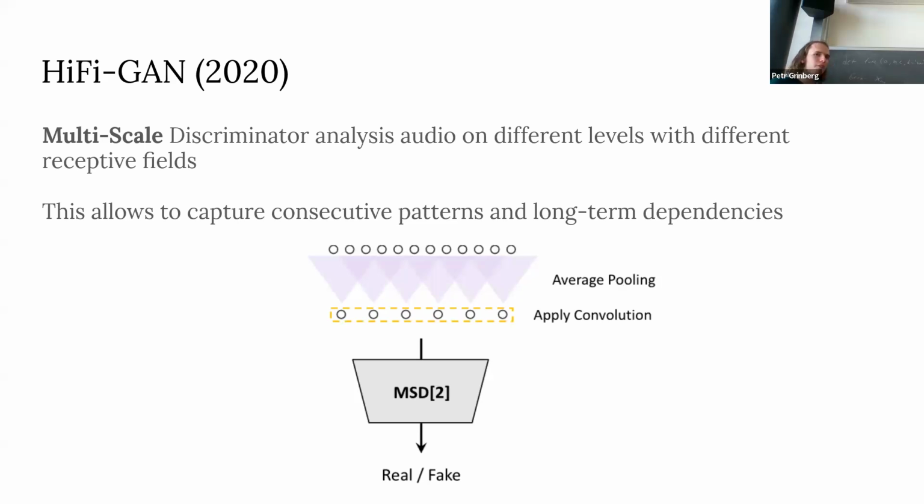That apart from having discriminator and generator loss, you have some other supervised losses because you know the ground truth sample, and you can improve the quality of the predictions by saying, okay, you predicted some fake image, but it should be actually as close to the real image as possible.